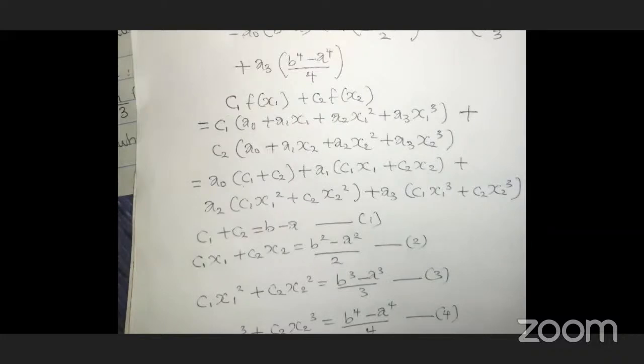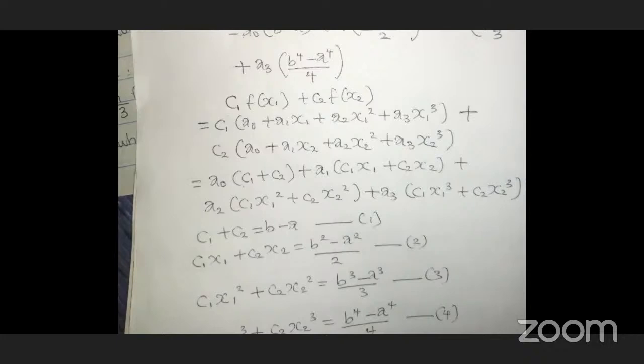Now for this value, that means for a naught and a naught, we say that C1 and C2, if you open the brackets, we have a naught C1 plus a naught C2. So we can say a naught is common to both of them. Then you factor out C1 plus C2. Then you do that for a1, if you factor out a1, then C1 x1 plus C2 x2.